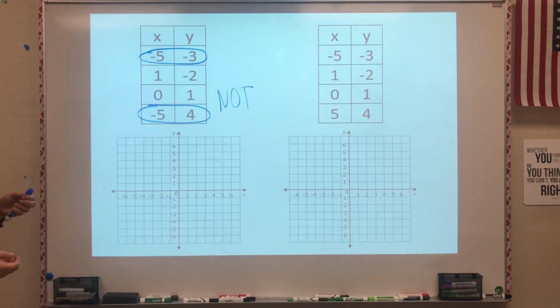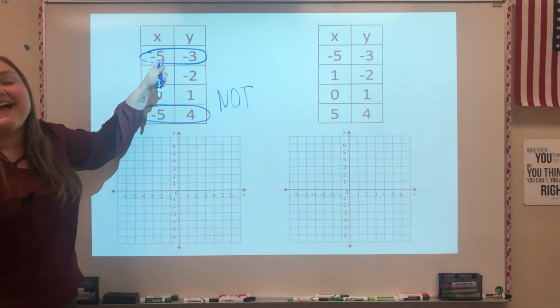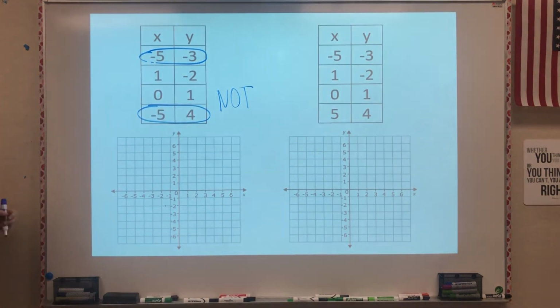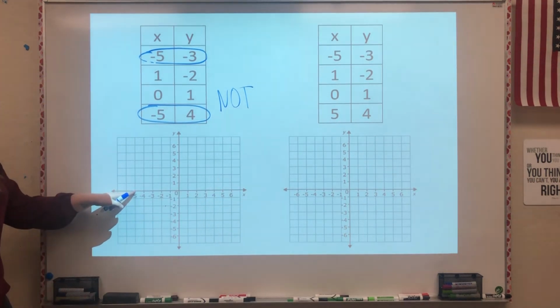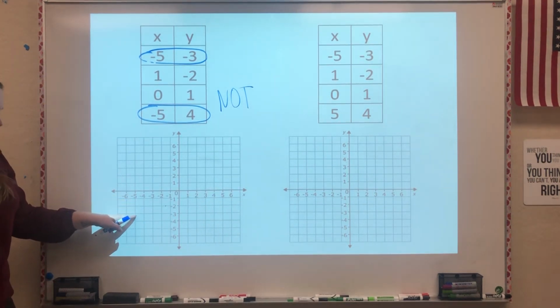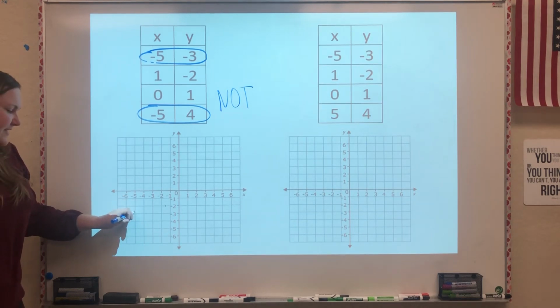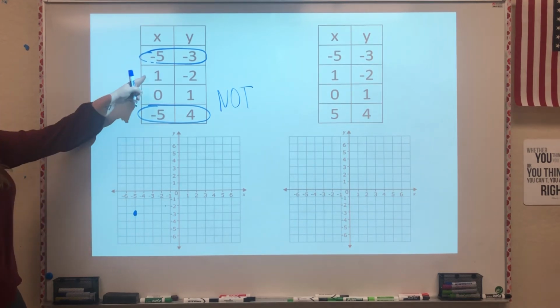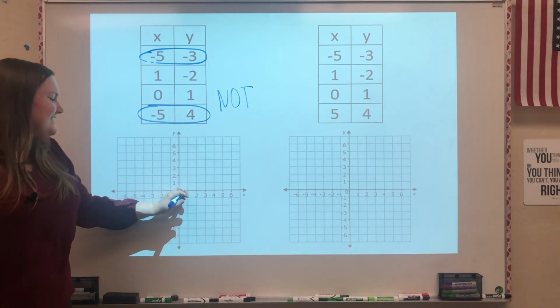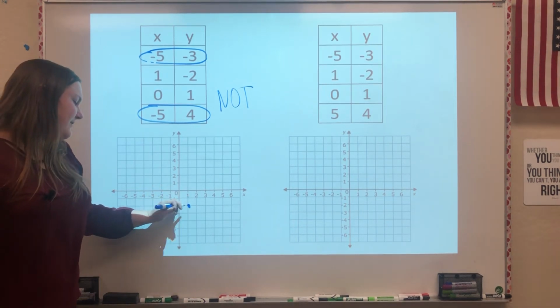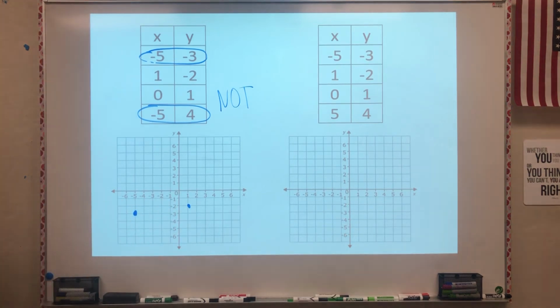If I were to graph all of these points, -5, -3 would be starting on our x-axis at -5 and then going down 3. So that's 1, 2, 3. That's right here. The 1, -2 is going to 1 on our x-axis and then down 2. That would be right here. Then we've got 0, 1.